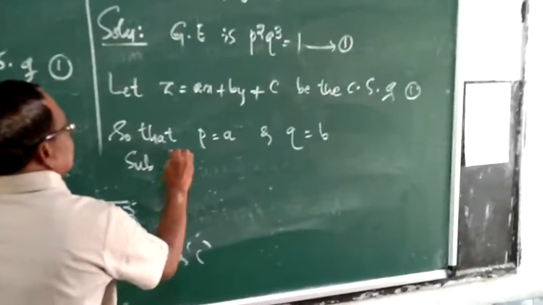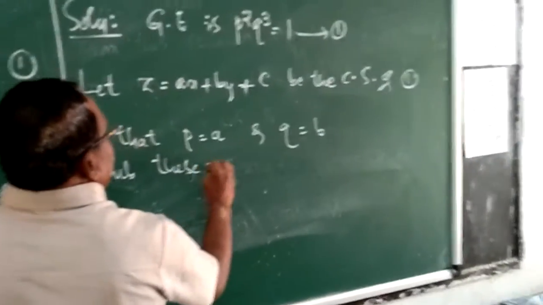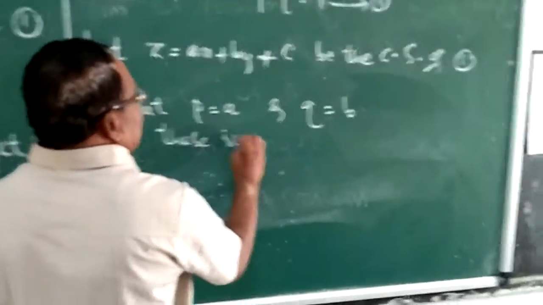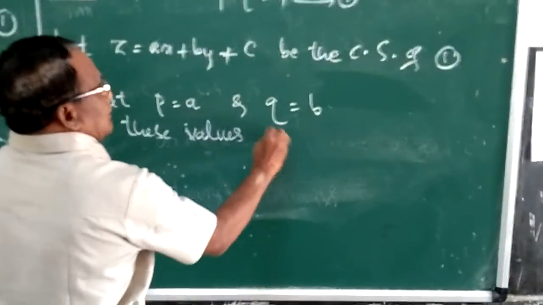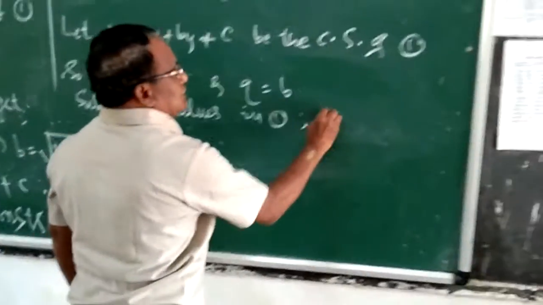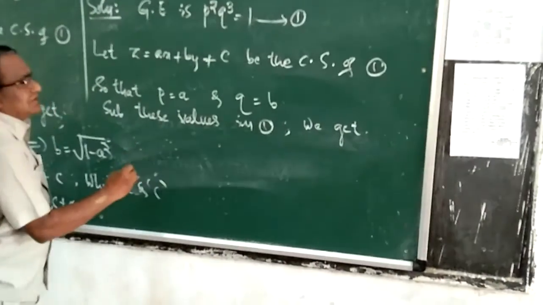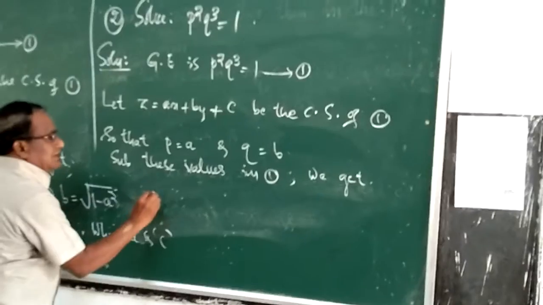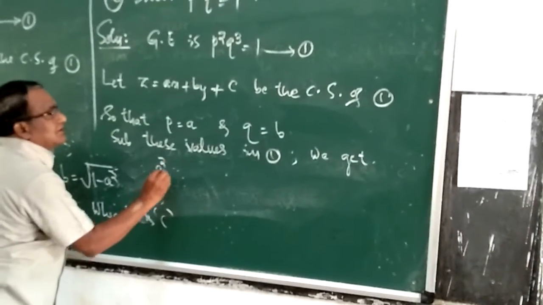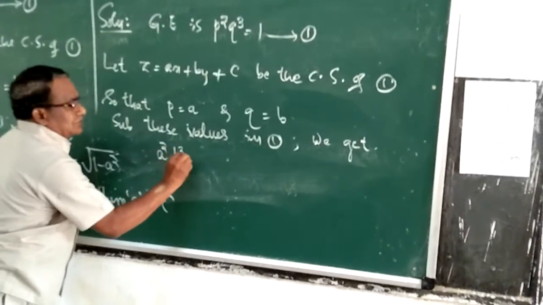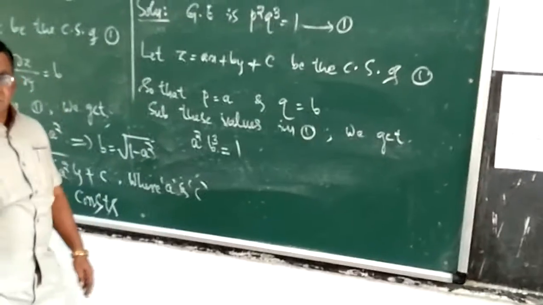Substituting these values in equation number 1, we get a squared into b cubed is equal to 1.